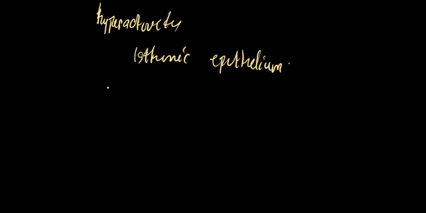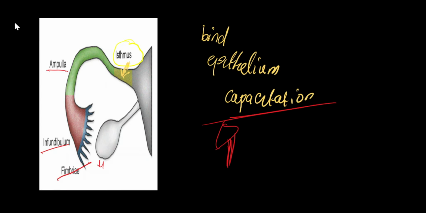Now, it's important for us to take note of the fact that per time, only a small amount of sperm cells are actually released from the isthmus to the ampulla. Okay, so basically we have the sperm cells, they are all accumulated here, and then there's this period of hyperactivity and they break the bond.